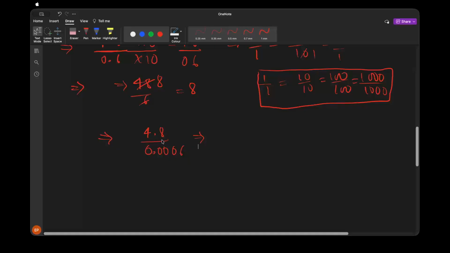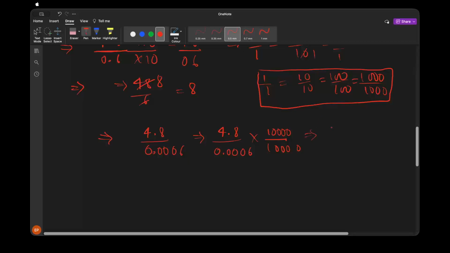Only one digit, but below there are 1, 2, 3, 4. For the greater number of digits, you have to multiply by that. Means 4.8 divided by 0.0006, how many digits are there? 4, right? Which is bigger? 4. So we have to multiply by 4 zeros, means 10,000.